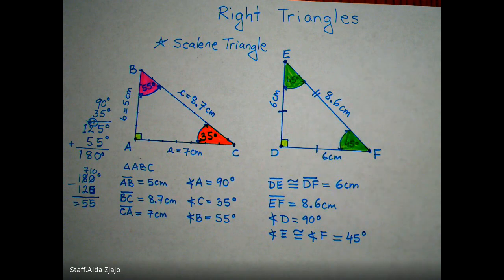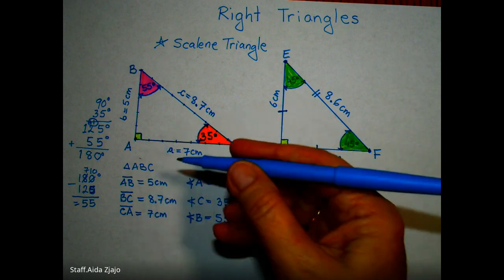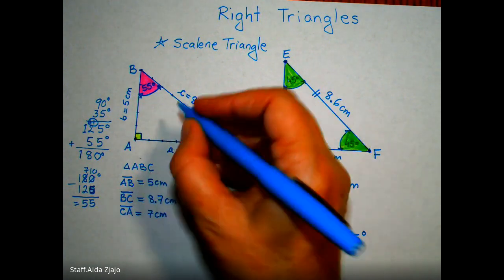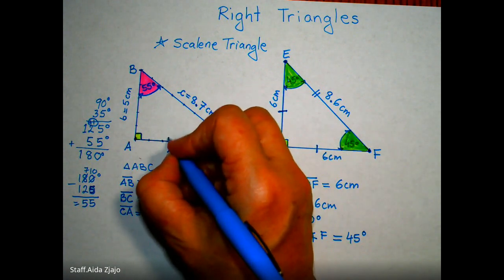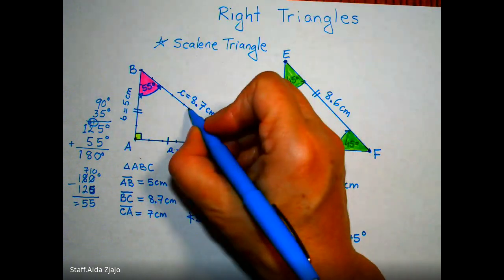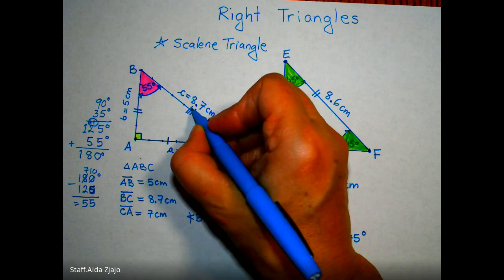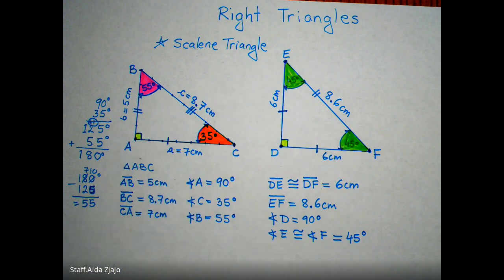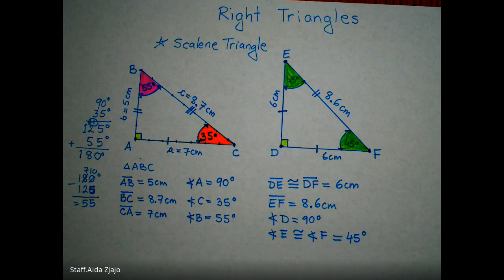For this triangle, where none of the sides are the same, I will put one line on this one, two lines on this one, and three lines on this one. So we can measure and we can label that as well.